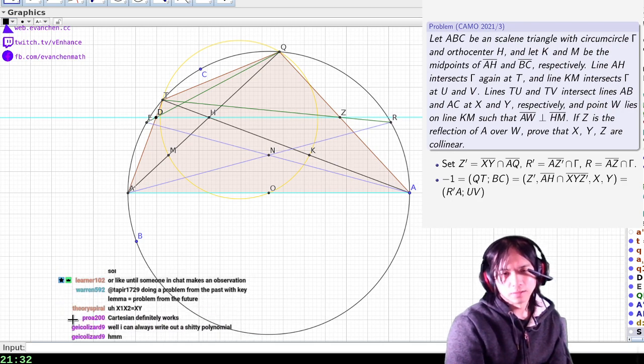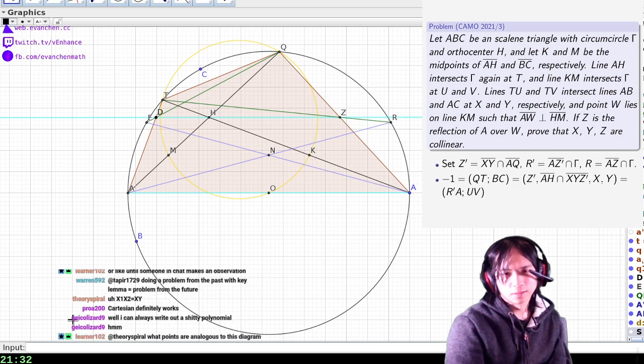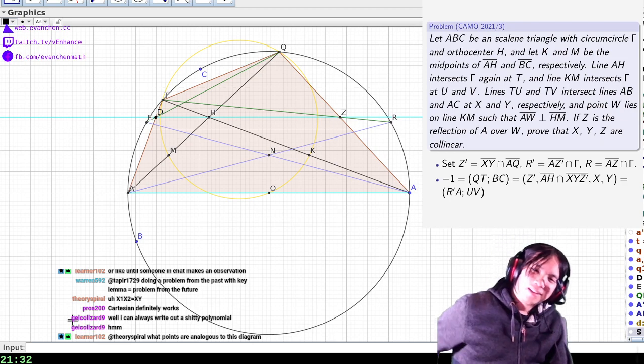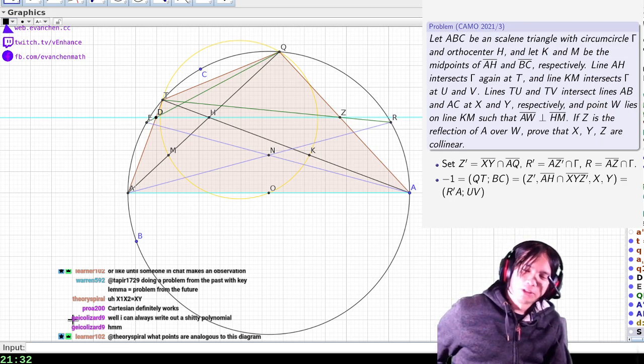Is there like a... I want to see if there's like a way I can get like a radical something to work. I don't know what that would look like.